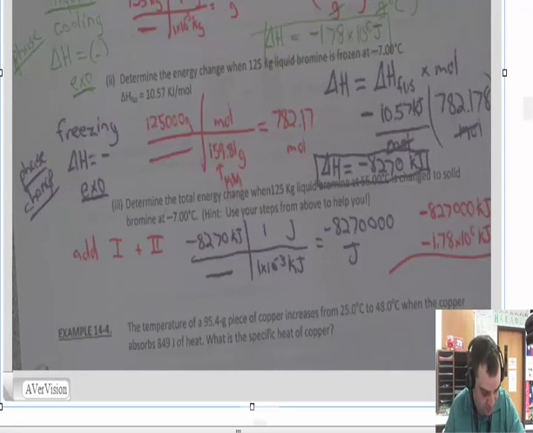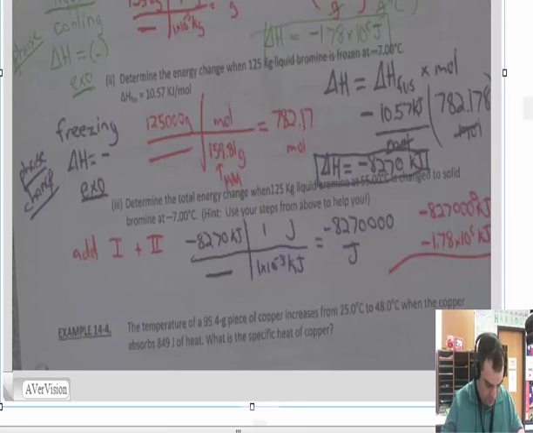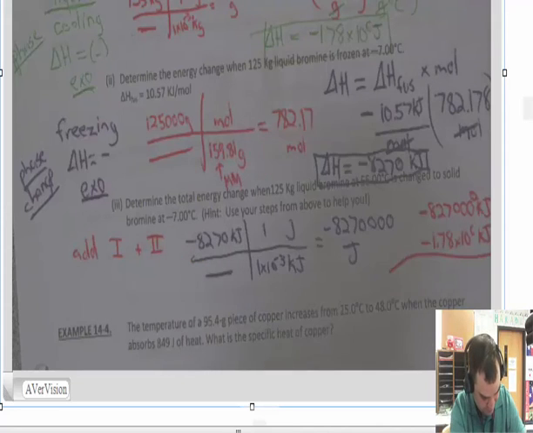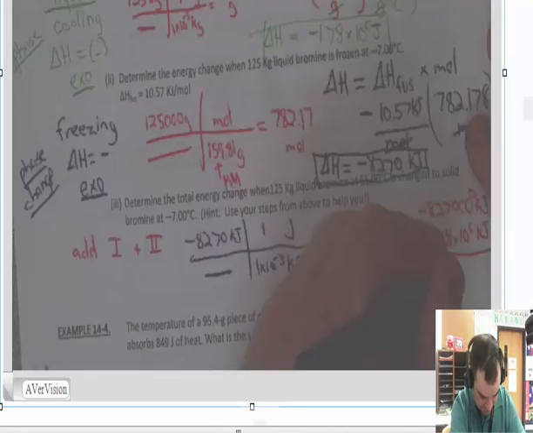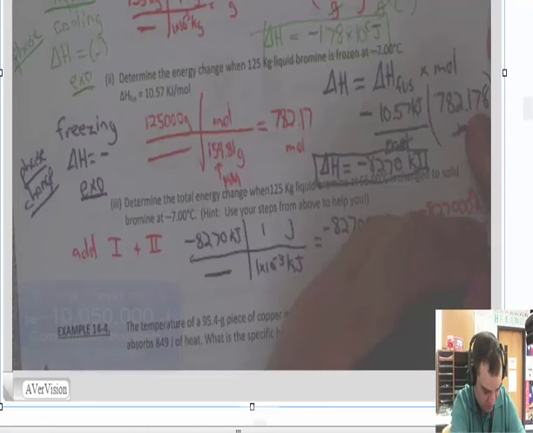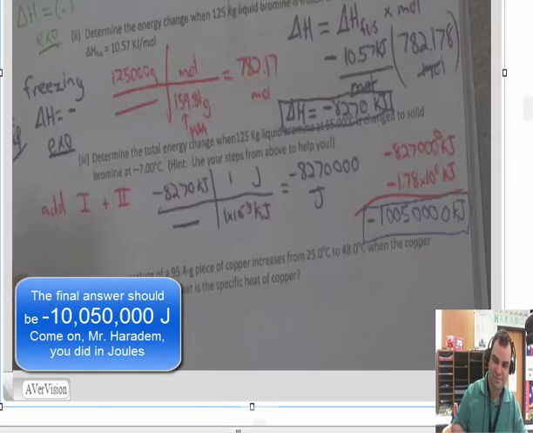Yeah, I missed a 0 in here. That's why it looks wrong to me. I got a final answer of negative 1,005,000 kilojoules, and I'm not going to worry about sig figs for that number because I can get away with that.